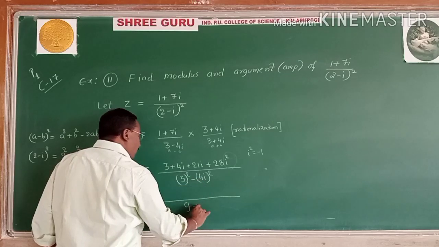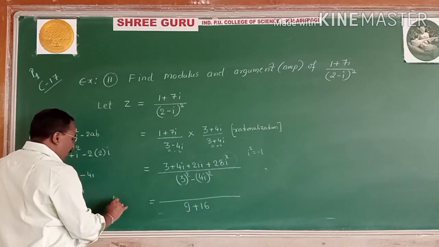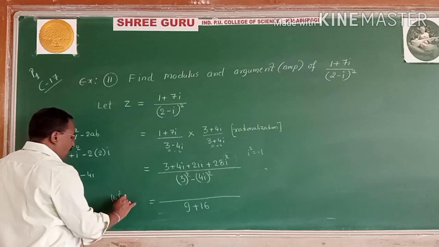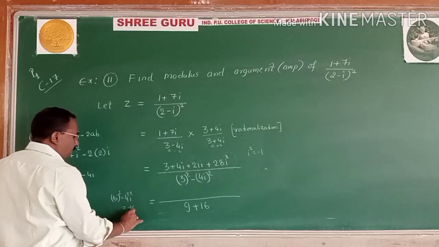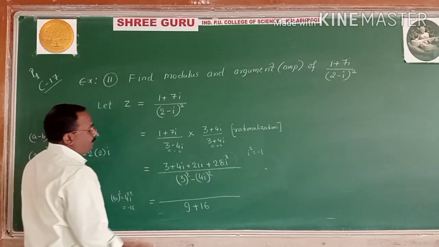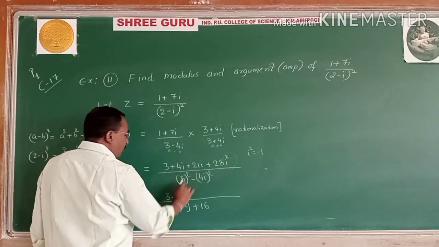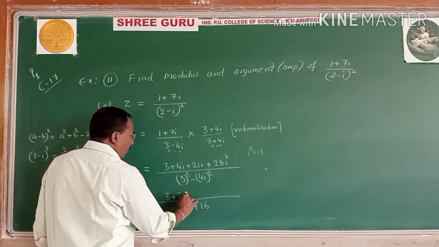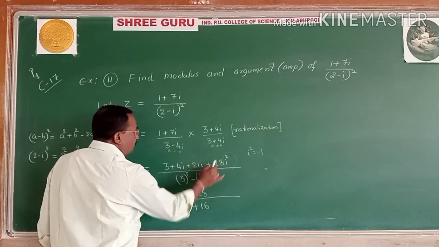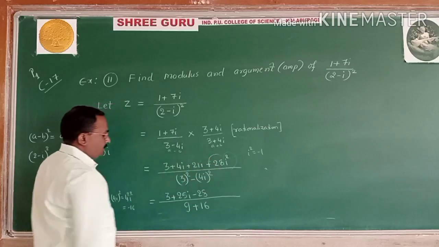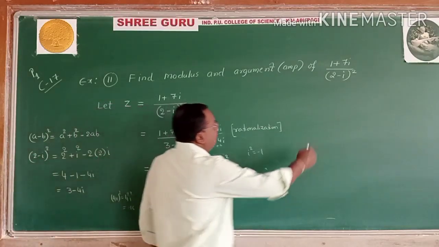Here i square value is minus 1, so minus, plus 4 square is 16. 4i whole square can be written as 4 square i square, with i square value minus 1, so minus 16, that is plus 3 plus 4, plus 21 is 25i, and minus 28 with i square value minus 1. Minus 25 plus 3 minus 25.